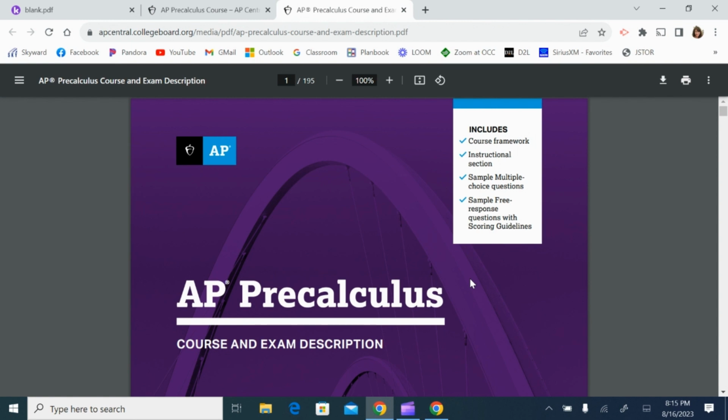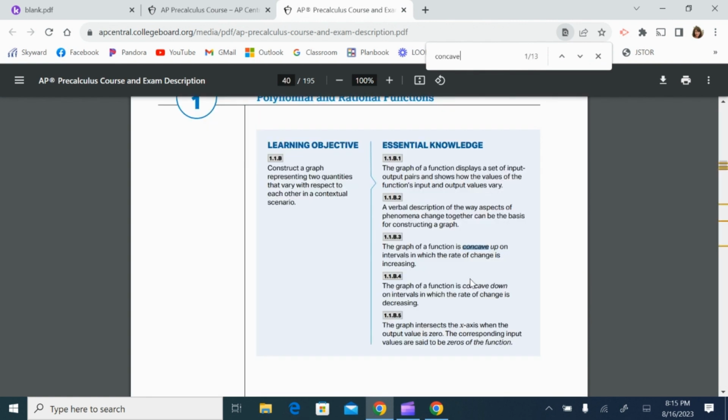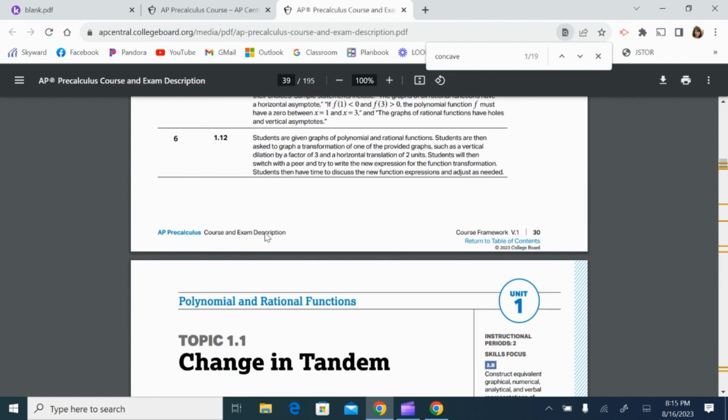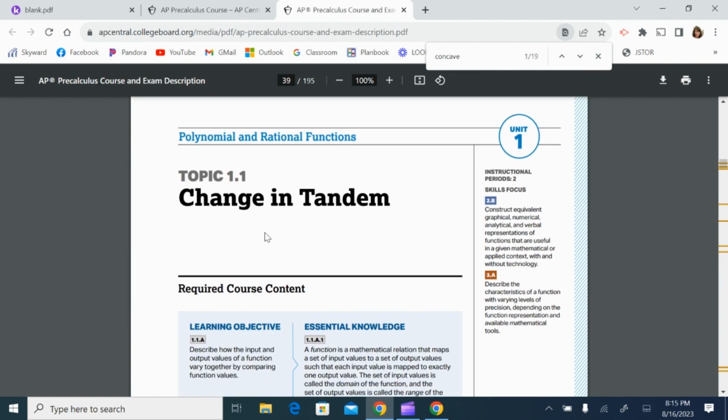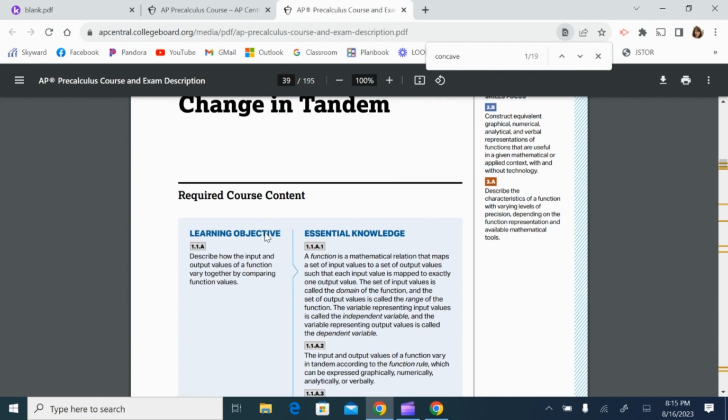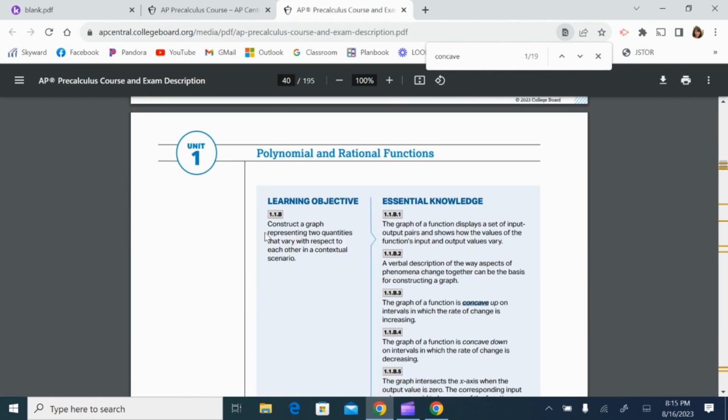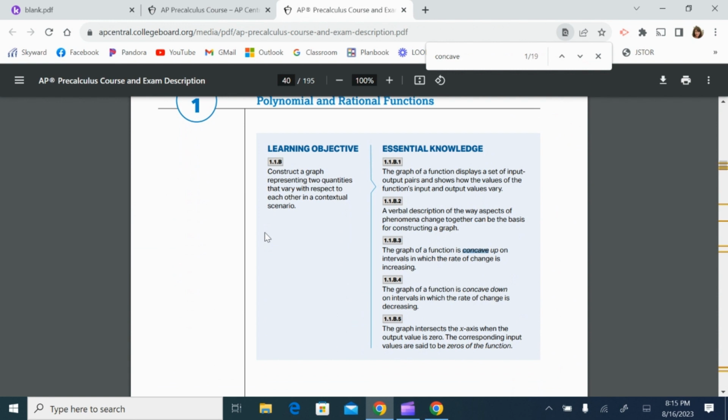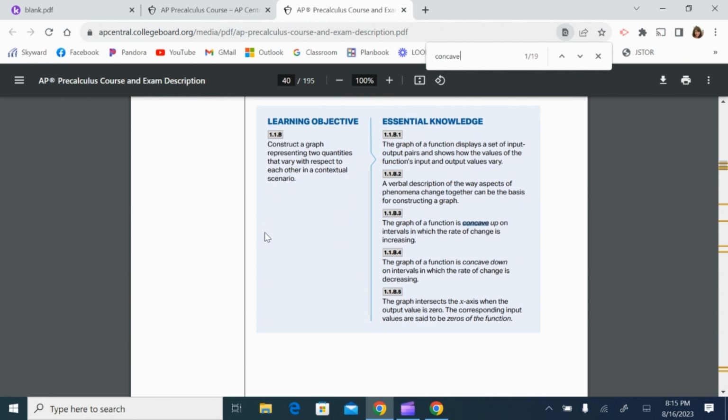As I said, if you do Control F and type in the word concave, you see 19 times. The first time the word concave is mentioned is in topic 1.1, change in tandem. It doesn't get any earlier than that. Under Learning Objective 1.1b, in Essential Knowledge B3, we talk about the graph.